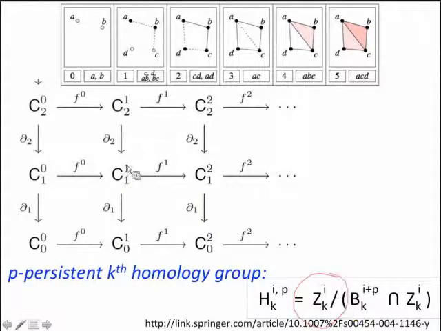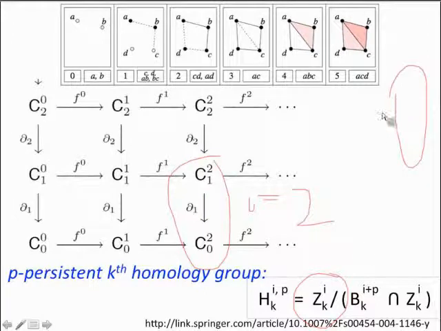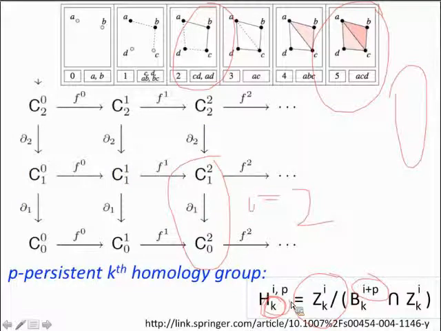In this case, I let I equal 2. And then we look at the boundary P units later. So P units later, we mod out by that boundary. Maybe I do 3 units later, so if my P is 3, I could be modding out by that. And I can again do any dimension whatsoever, whether I'm doing my 0-dimensional simplices, my vertices, or 1-dimensional cycles, whatever I want to do.